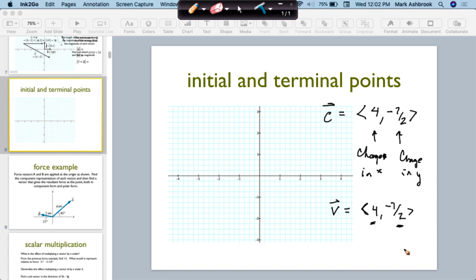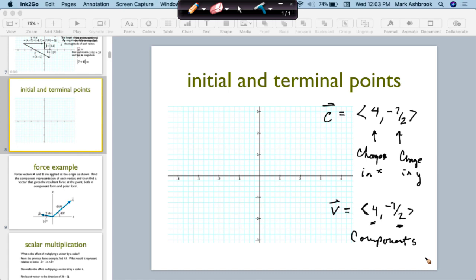Now the 4 and -7/2, what do those components mean? It's just that we're dissecting the velocity into x and y components. So basically, this is the speed in the x direction, and this is the speed in the y direction.